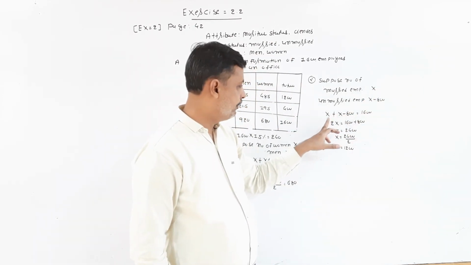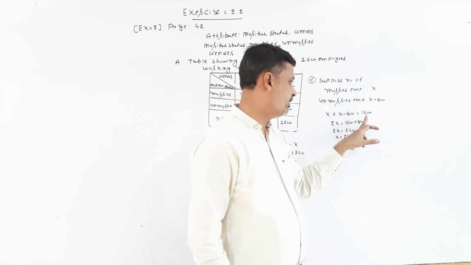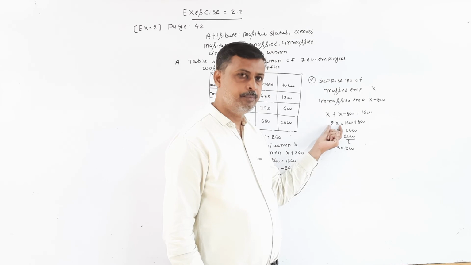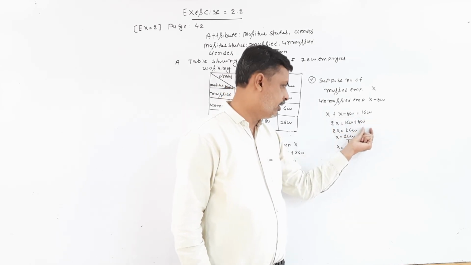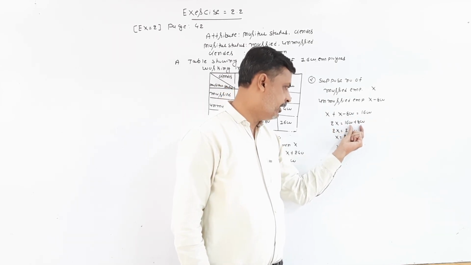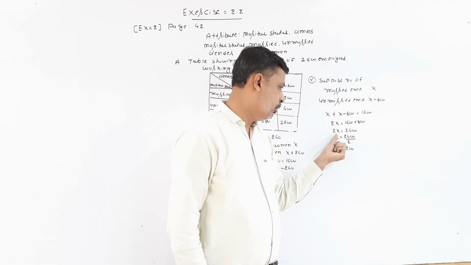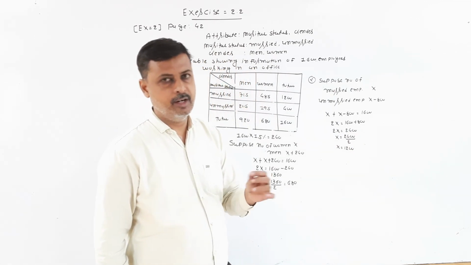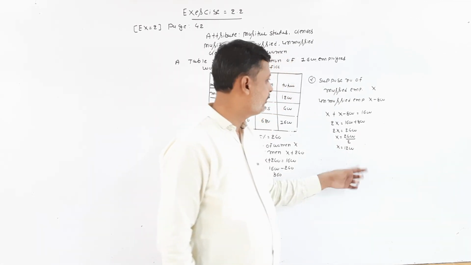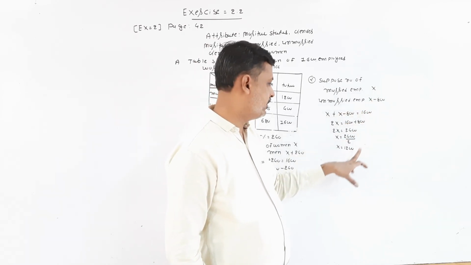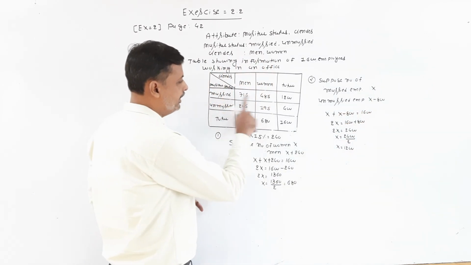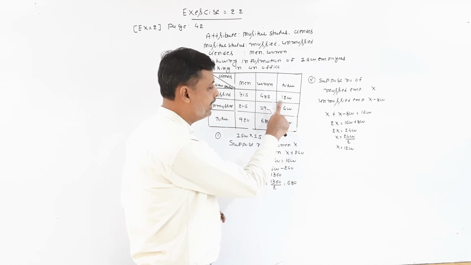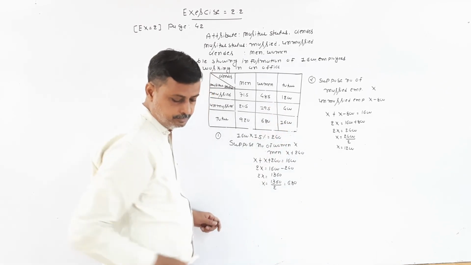So x plus x minus 800 is equal to 1600. x plus x is equal to 2x. Minus 800 becomes plus. 1600 plus 800 is 2400. 2x is equal to 2400. x is equal to 2400 divided by 2, 1200. So married employees x is 1200. Out of 1600 employees, 1200 married, so 400 unmarried.